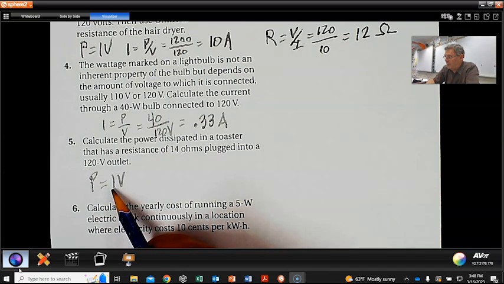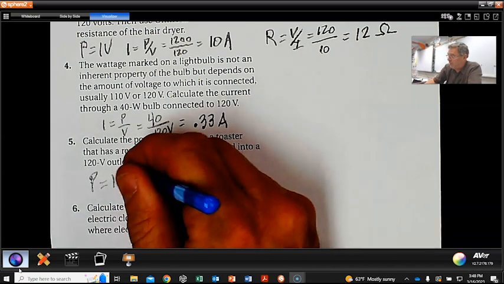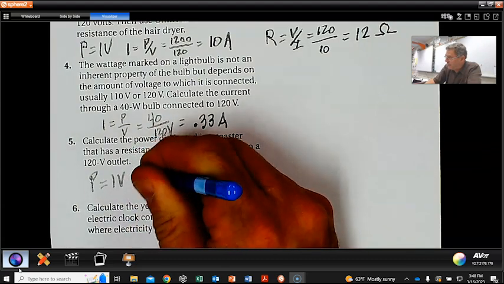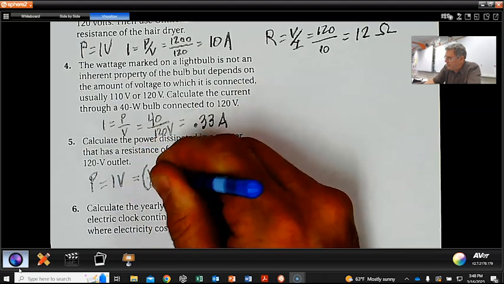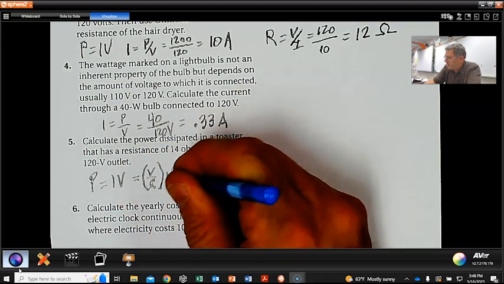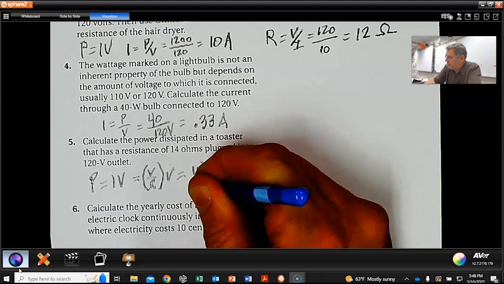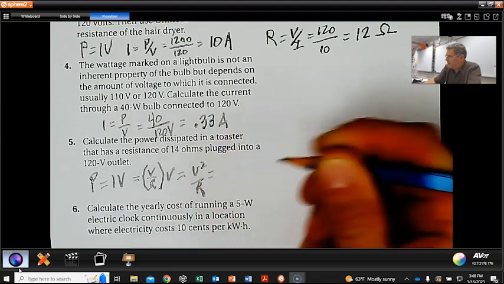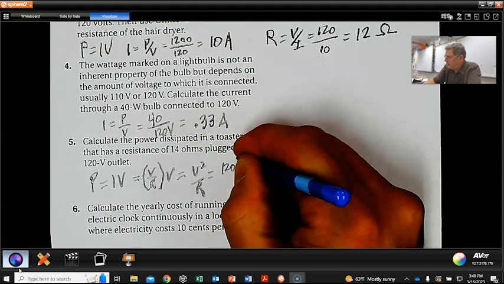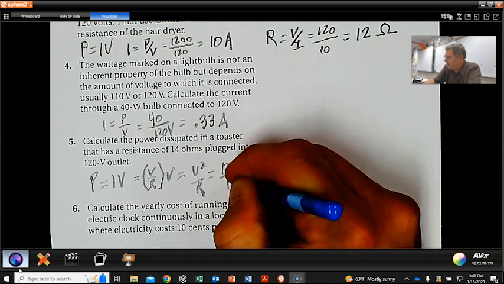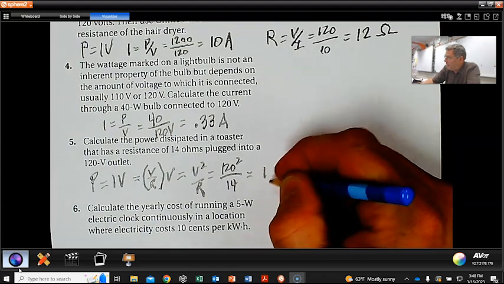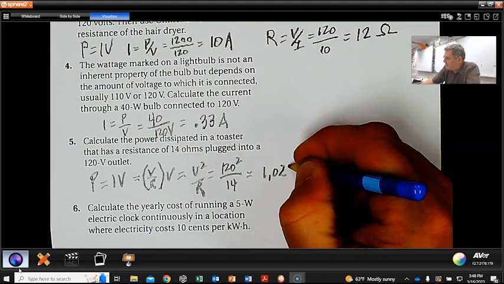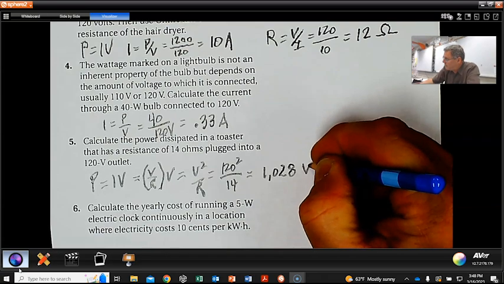I know that I is equal to V over R, so I can rewrite this as V over R for the current times this V, and so that becomes V squared over R. So that is 120 squared over 14, and when I plug that into my calculator, I get 1,028 watts.